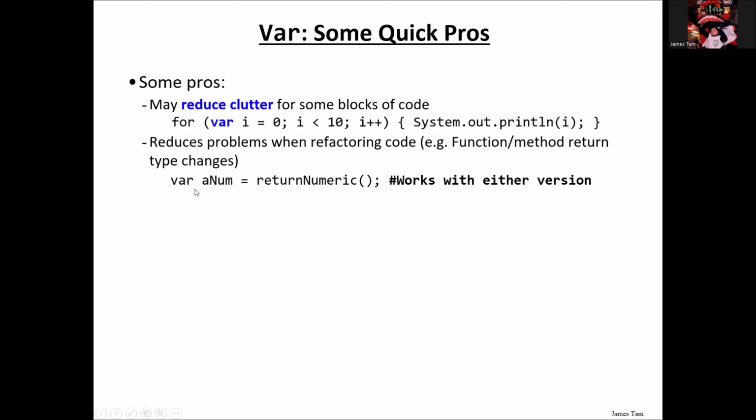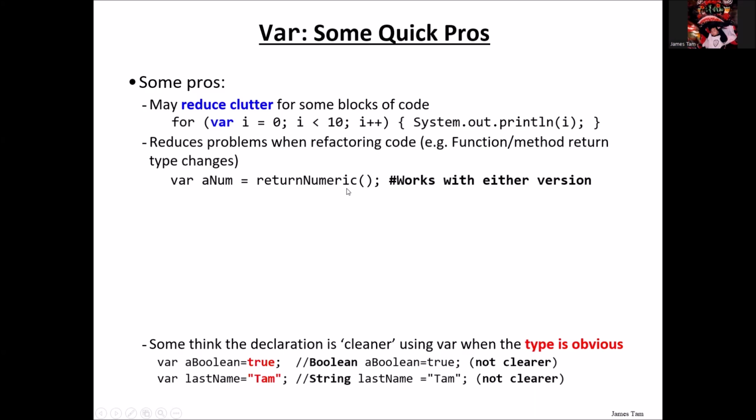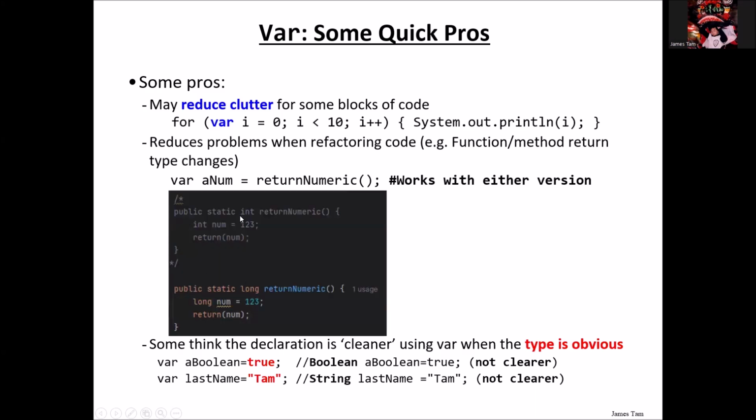If I declare this as an integer, and we are calling this method return numeric, say I had one version of it where I actually returned a long. If I had this long type stored in an integer, it'd be a problem. Then I'd have to change all the calls to it. But because I didn't specify it, I said I'm returning numeric here.